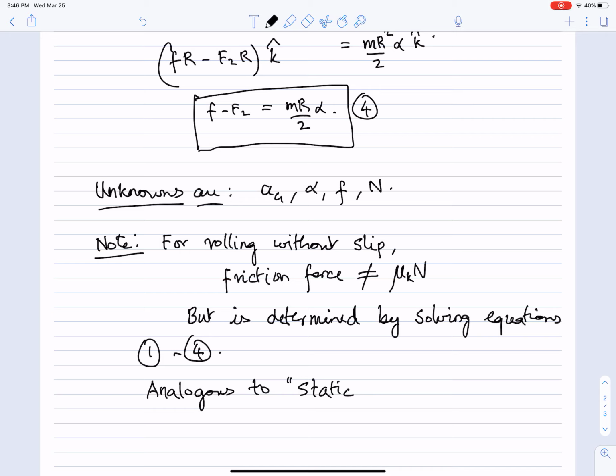So if you're pushing on a block and the block is not moving, the friction force is not mu times n, rather it is equal to whatever force with which you're pushing, and the friction force is basically exactly canceling that. Solving for equations 1 to 4 is kind of analogous to essentially static friction, okay?